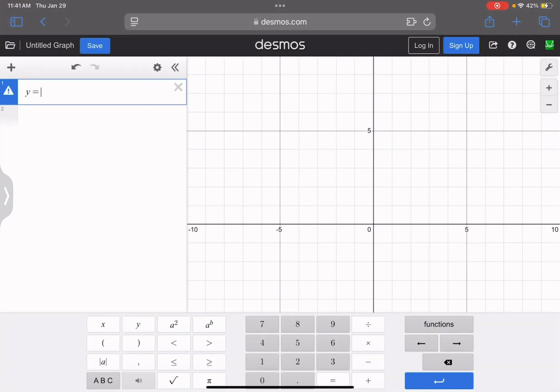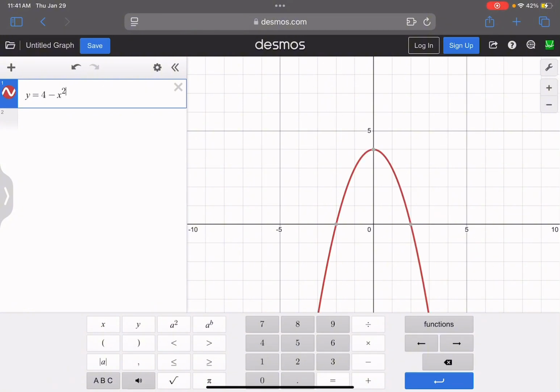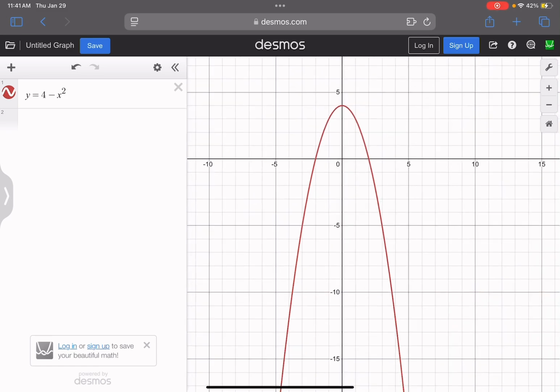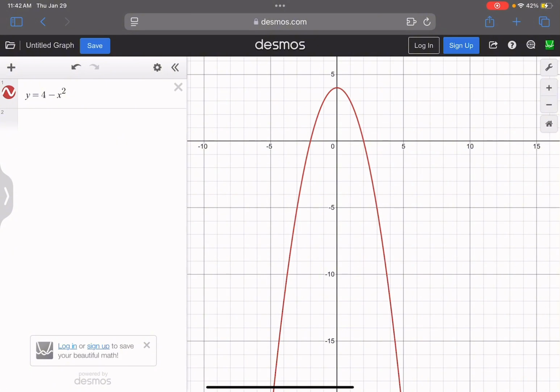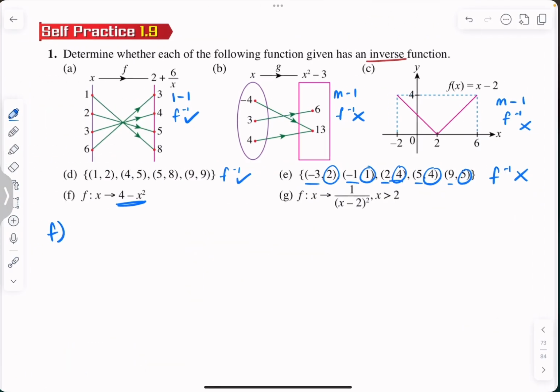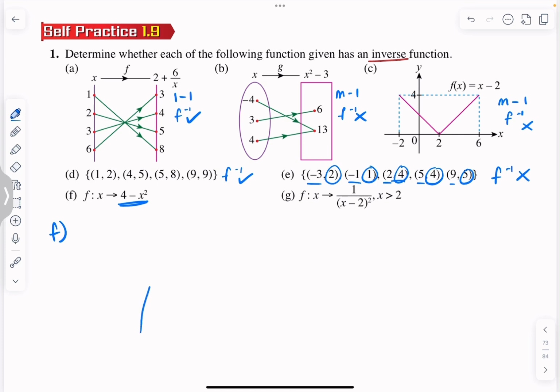So y equals 4 minus x squared. This will show us what the graph looks like. 4 minus x squared is an inverted quadratic graph. It's upside down, a sad face, then you plus 4. So this is our graph.